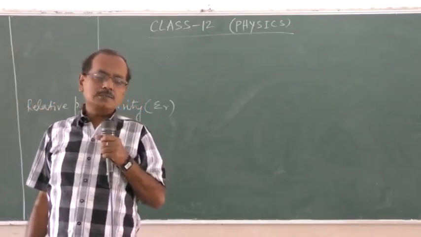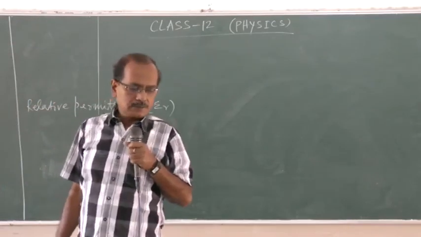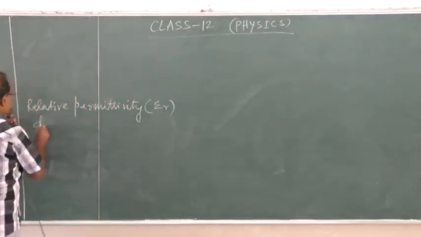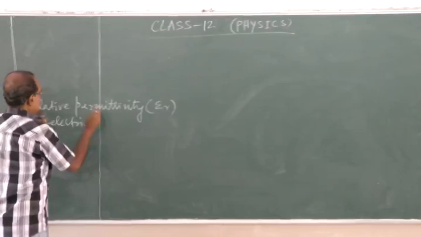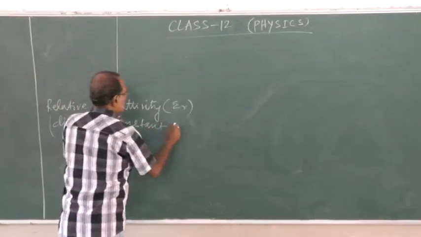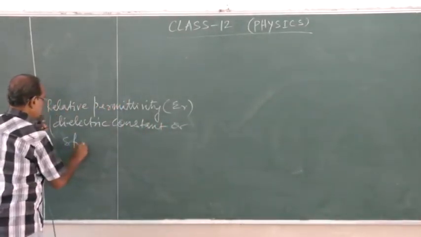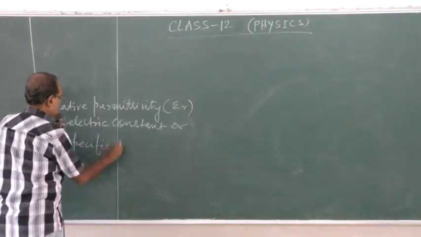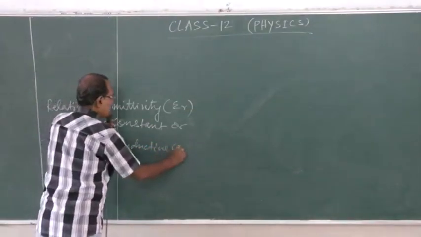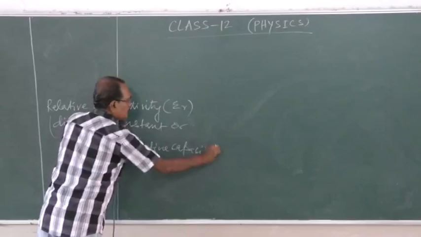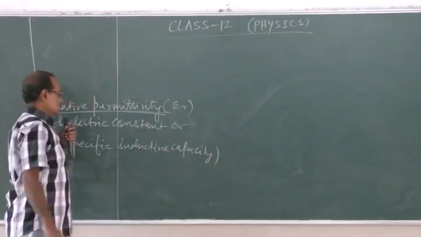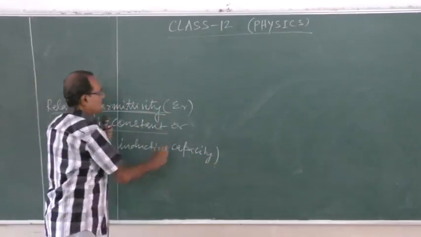It is also known as specific inductive capacity. Generally we will use relative permittivity, or dielectric constant sometimes.